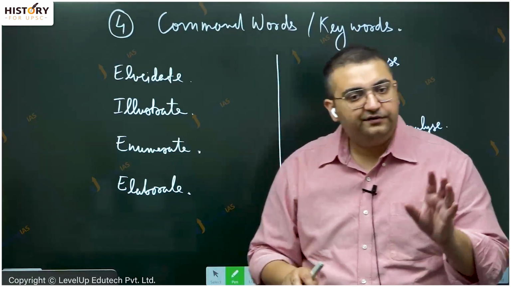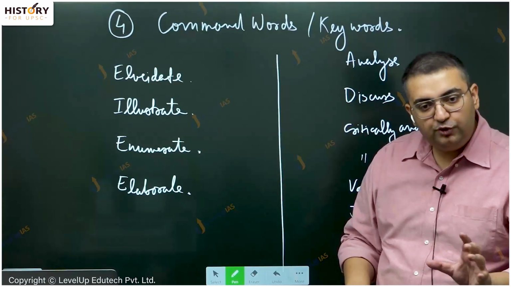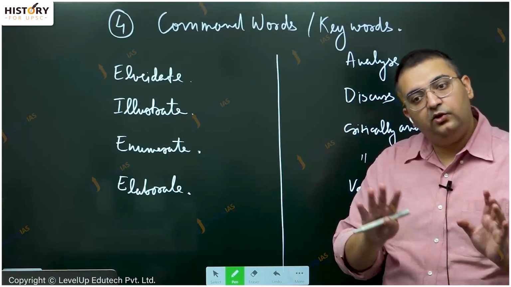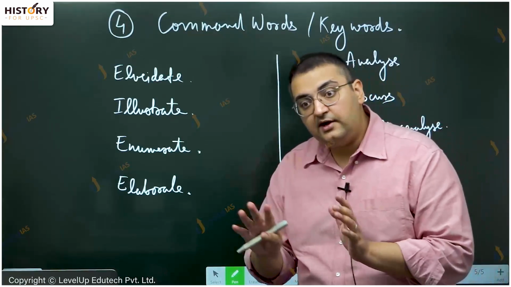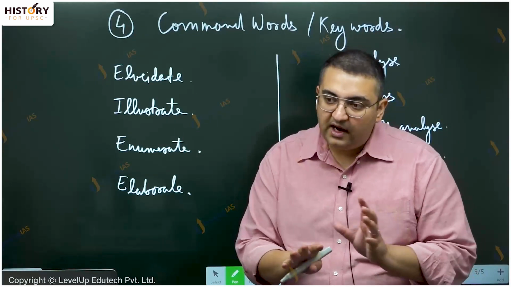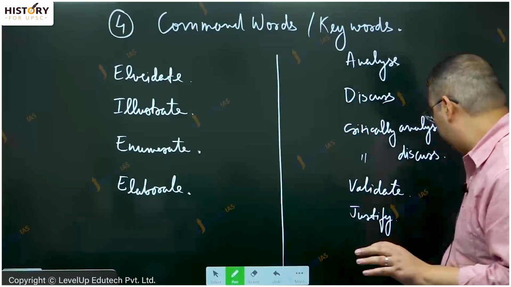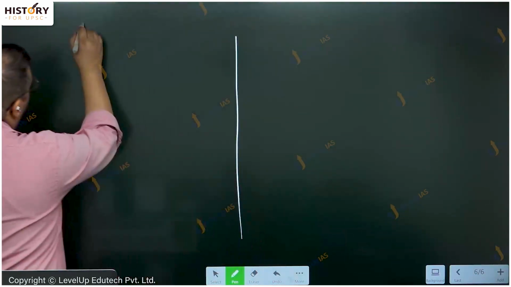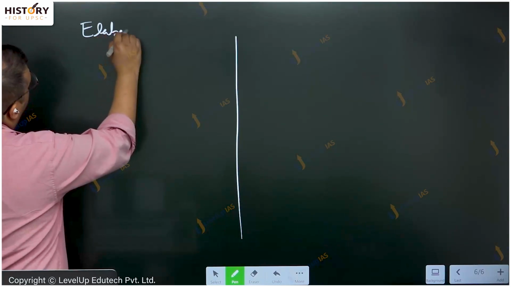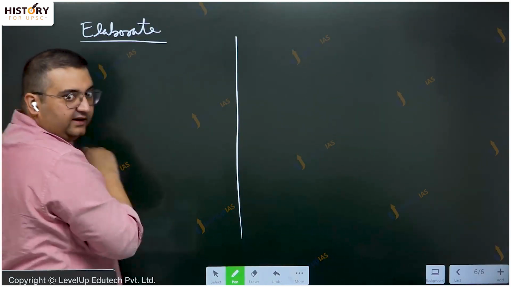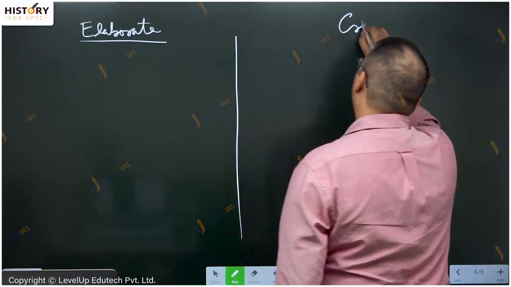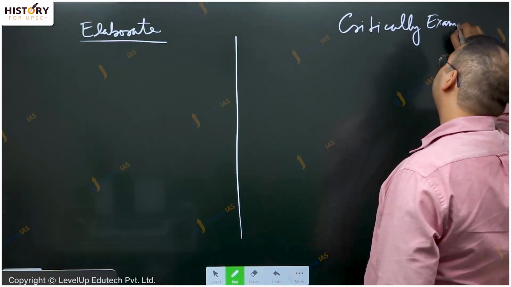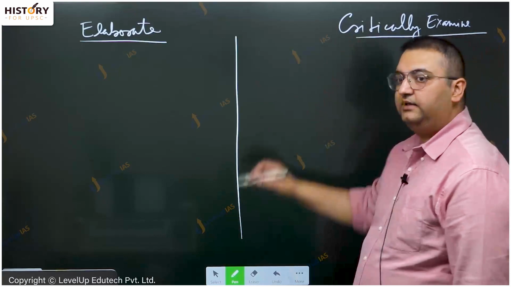For example, if the question was Neolithic revolution was no revolution at all, elaborate, versus Neolithic revolution was no revolution at all, critically examine, तो आपका आंसर का स्ट्रक्चर एकदम अलग हो जाएगा. ठीक है? तो on one side ये elaborate करने को बोल रहे हैं, on one side critically examine करने को.